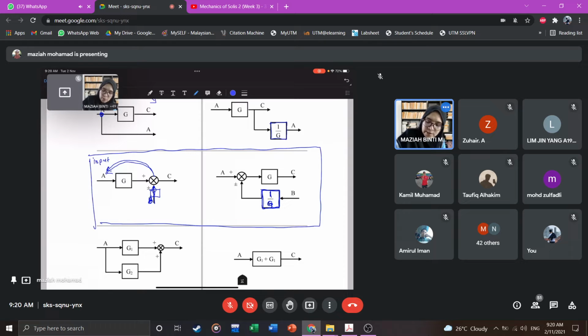This block is 1 over G. Before you move, there is no block, but after you have moved, then you need to multiply with 1 over G. Okay. Basically, if you just look at the rules here, you cannot imagine it. Later on in the example, you will see how it happens. Right?